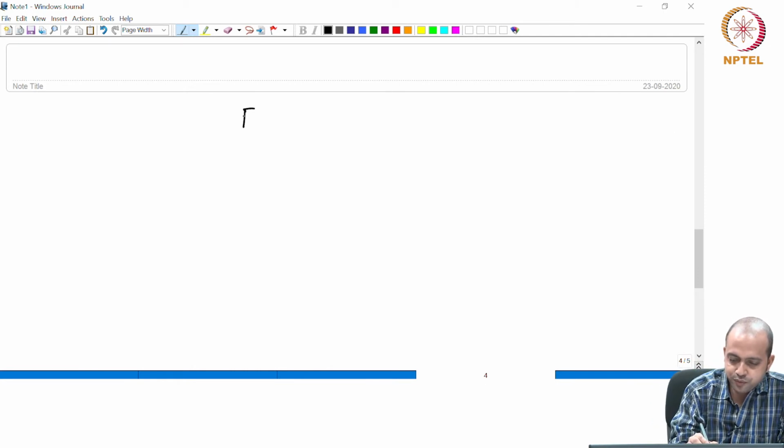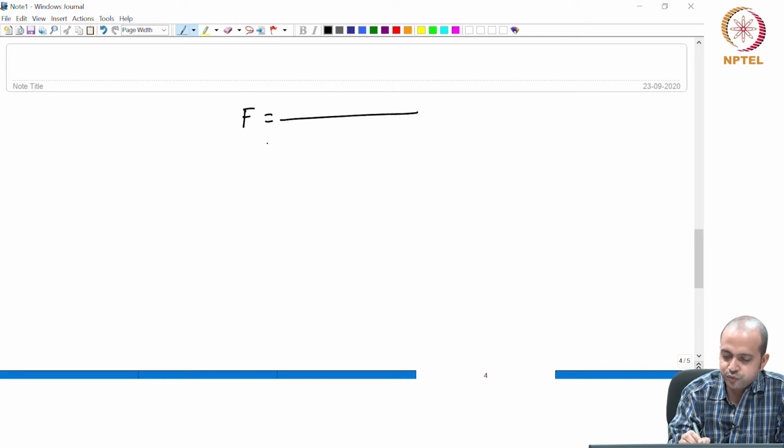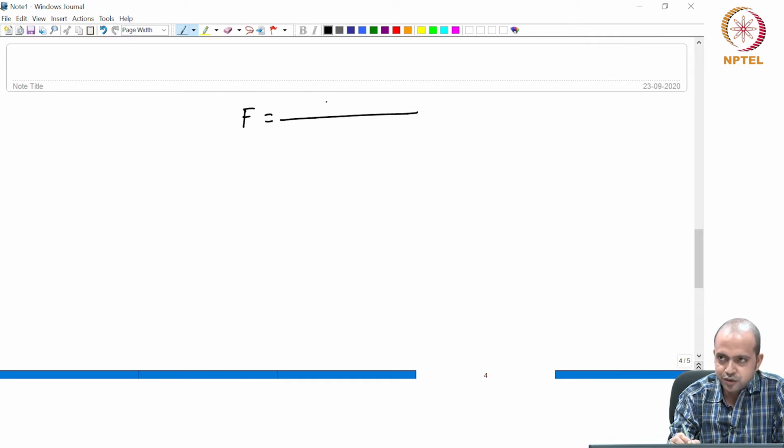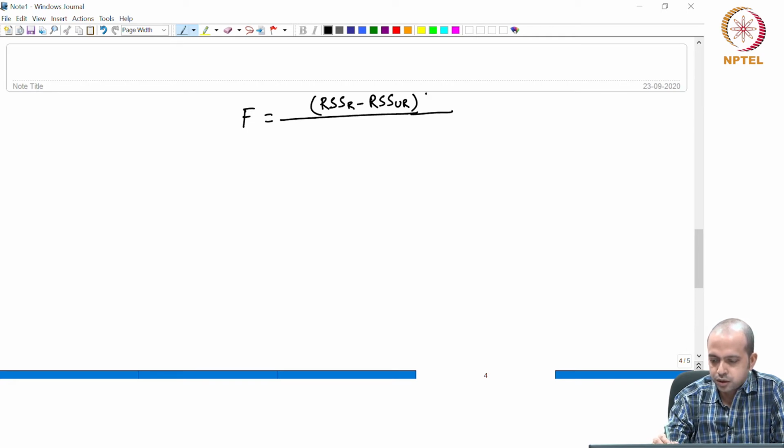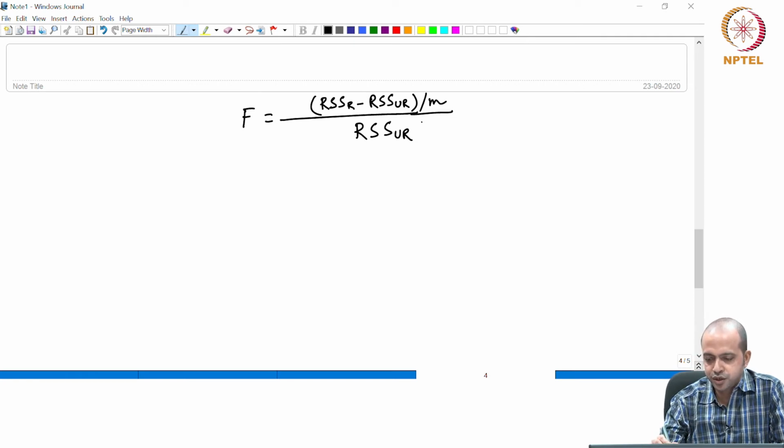So your F would become RSS restricted minus RSS unrestricted divided by m, the number of restrictions, and this should become RSS UR divided by the degrees of freedom.